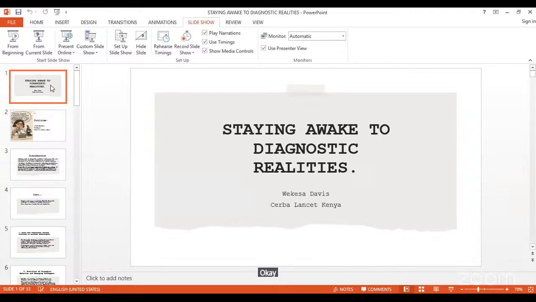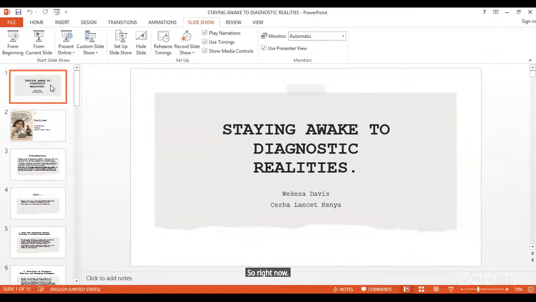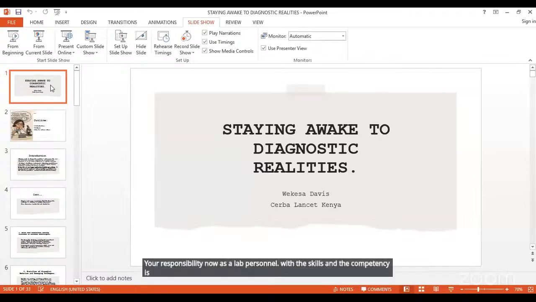Okay. And now it came to be realized, oh, so it means the technical expertise is not needed. On-job training can do, and it's us who gave an opportunity for this profession to be enfranchised. So right now, with regard to rapid diagnostic testing kits, your responsibility now as lab personnel with the skills and the competency is to actually ensure the quality assurance practices.